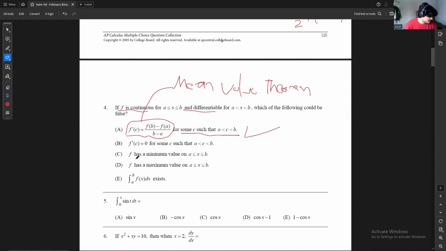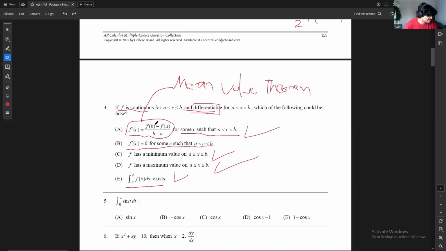Let's go to answer choice C. f has a minimum value in this interval. This is definitely true. It also has a maximum value, and this integral exists since the derivative exists. It's differentiable. However, f prime of c equals 0 for some c in this interval.